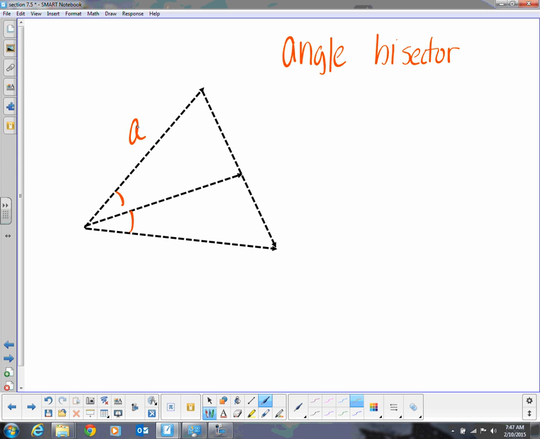So if this is A, and this is B, and this is C, and this is D, then what this means is A is to B as D is to C. What do we do? Can you make sure this is in the section? It is.